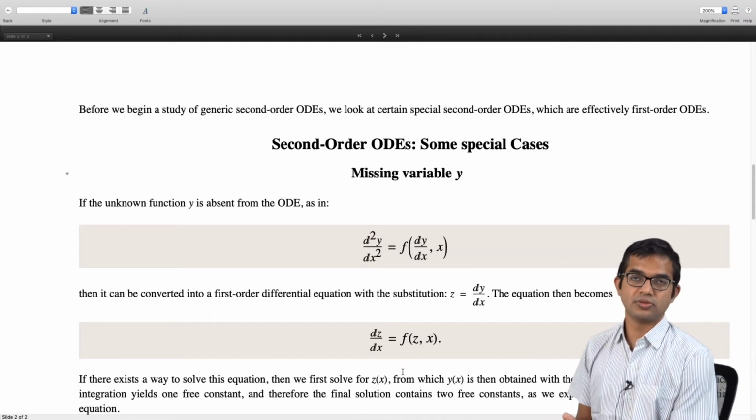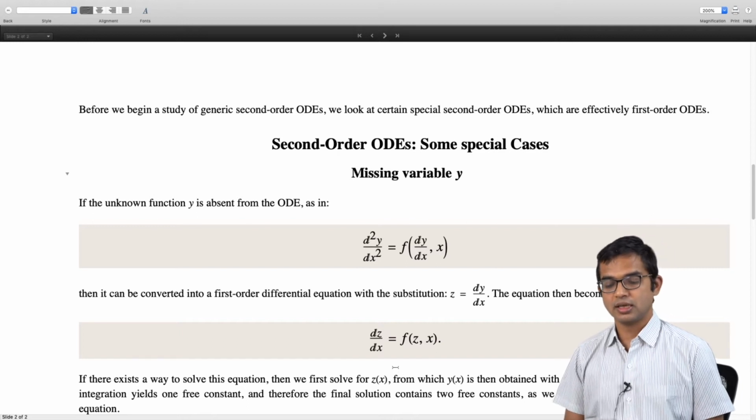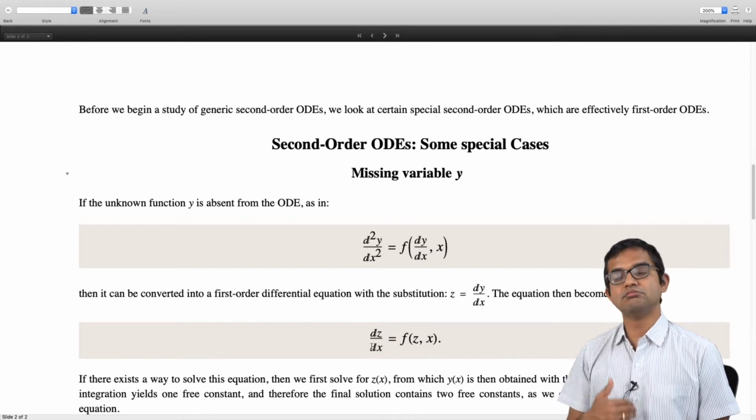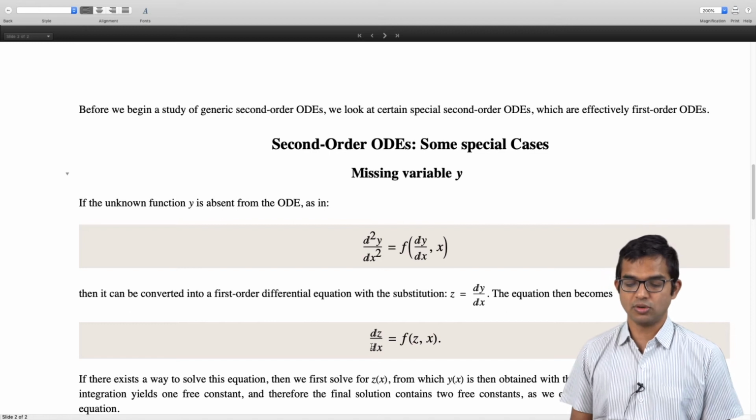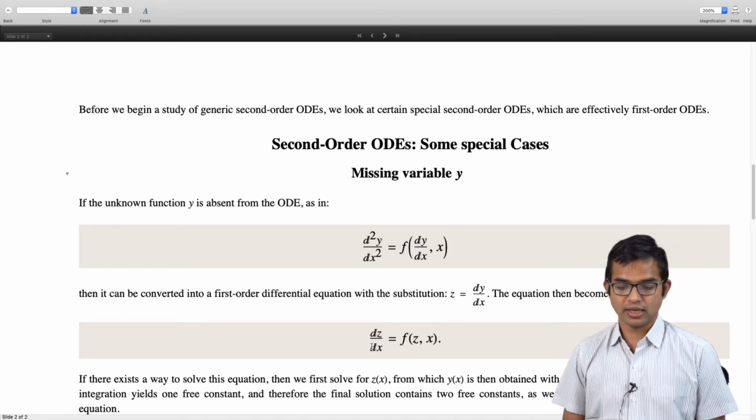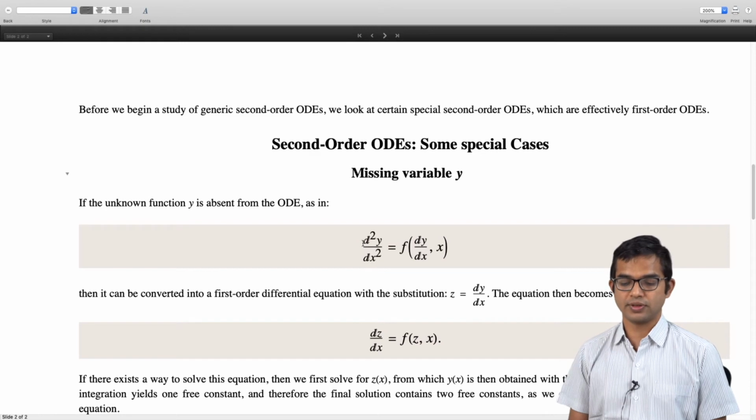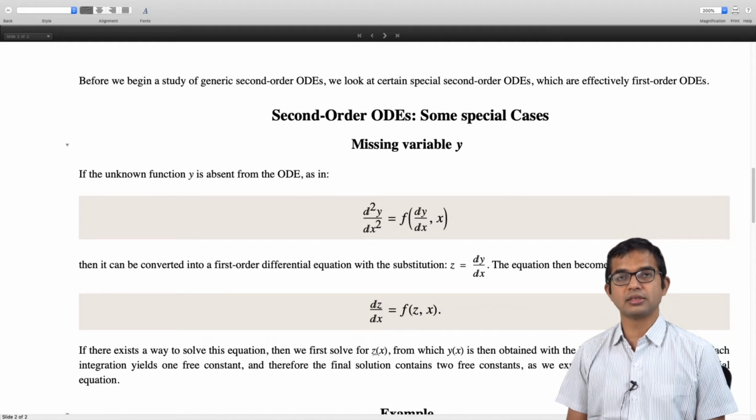So presumably this will give you one free constant, and then one more integration is involved, and therefore you will end up with two free constants. So that's how the characteristic of the second order differential equation comes in. There are going to be two free constants in the end, because the ultimate answer is to be written as y as a function of x.